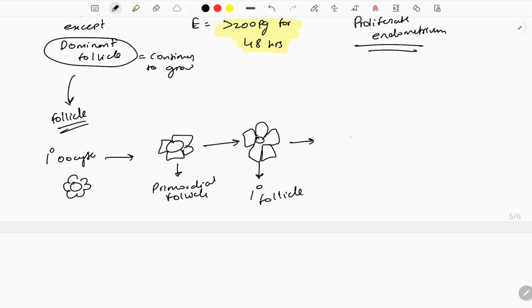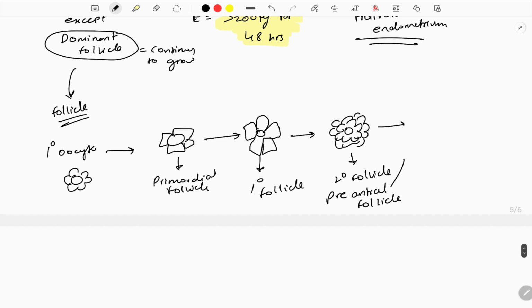Next, multiple layers of cells. This is secondary follicle or preantral follicle. Next, it has a cavity.